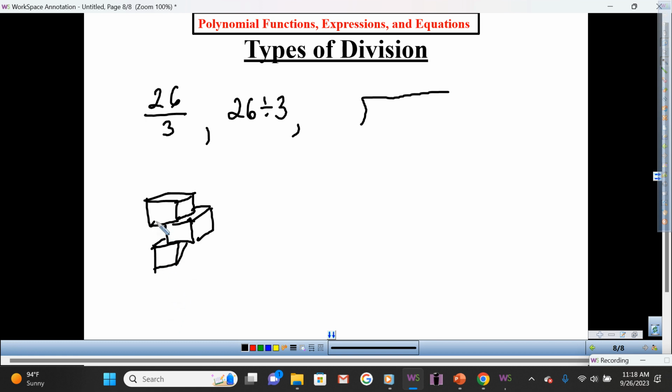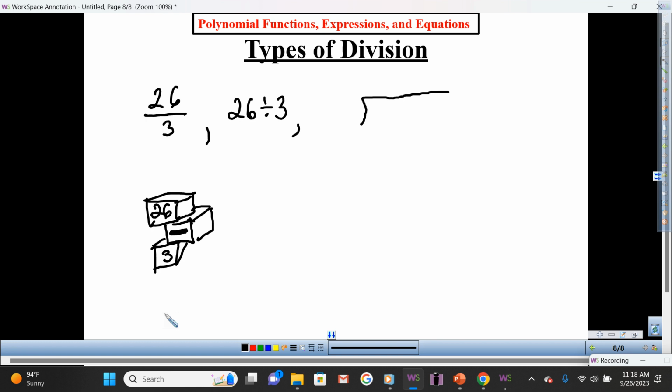There's 3 blocks. I'm going to put the 26 on top, the bar right there, and the 3 down here. So imagine I have a little cousin, and this person's name is Anthony Q. They walk by and they push the blocks over.